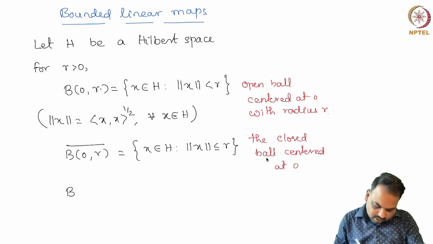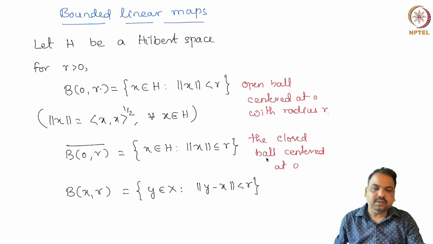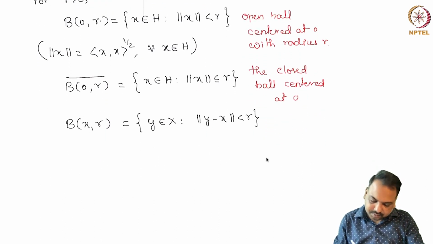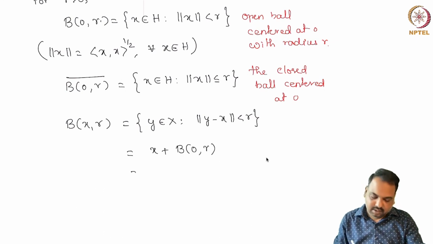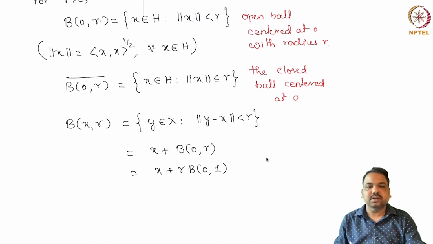Similarly, we denote the ball centered at a point x in H by B(x, r), the set of all y in H such that the norm of y minus x is strictly less than r. We can actually show that this is x plus the ball centered at 0 with radius r, which is nothing but x plus r times the ball centered at 0 with radius 1.